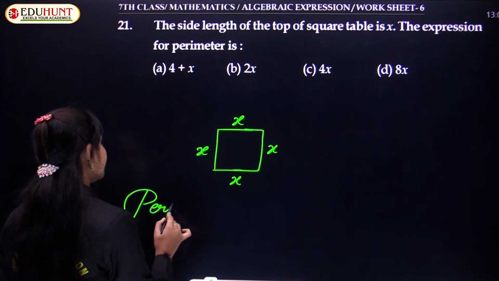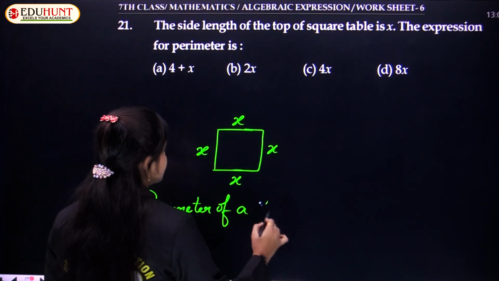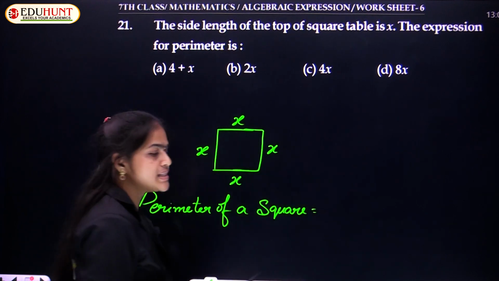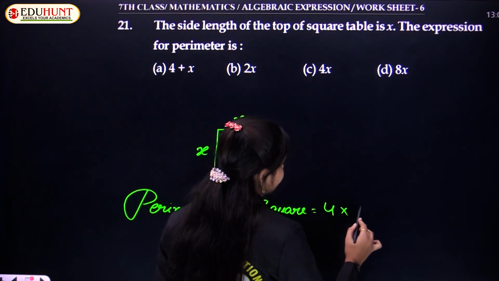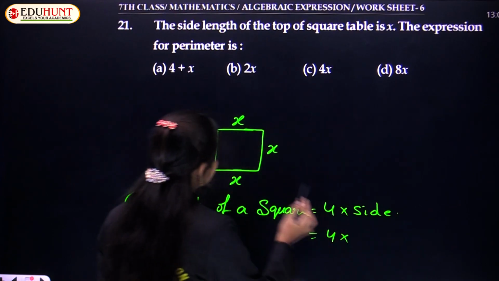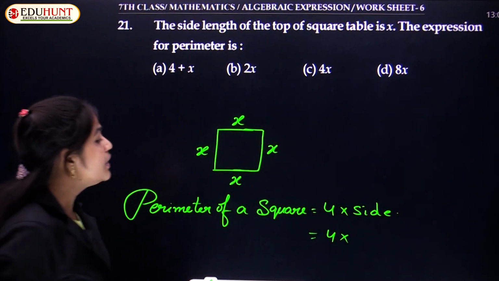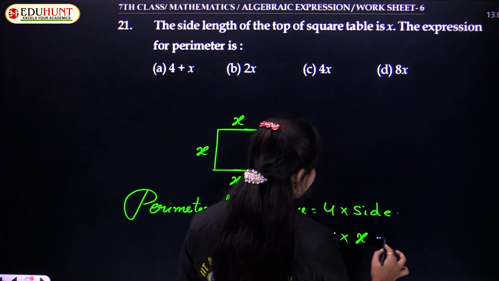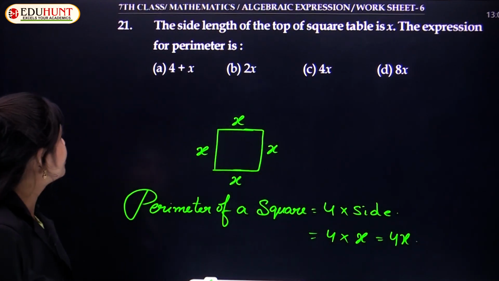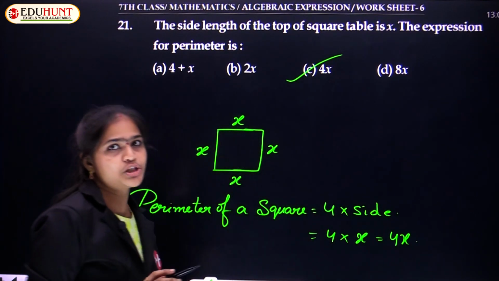The formula for the perimeter of a square is 4 into side. Here the side is x, so 4 into x, which is 4x. Which option is satisfying here? Option C, they are asking for the expression only.